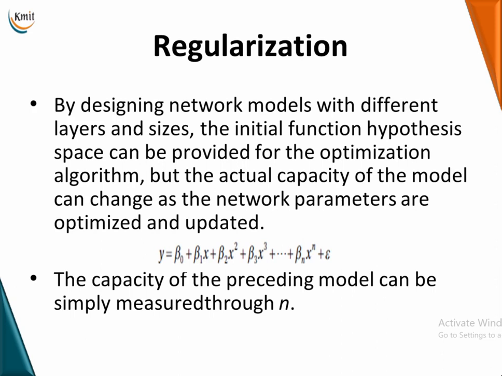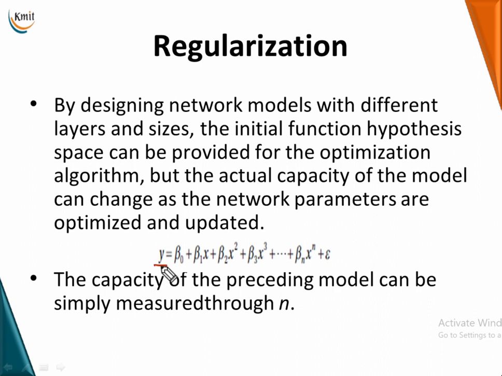But the actual capacity of the model can change as your network parameters are getting optimized and updated as per your optimization algorithm. So the capacity of the preceding model can be simply measured through n, and this is one mathematical representation that you can present here.